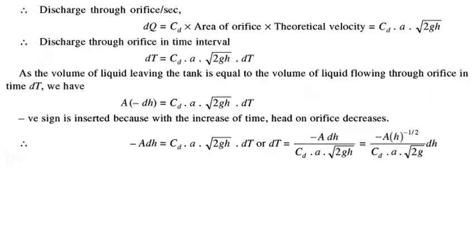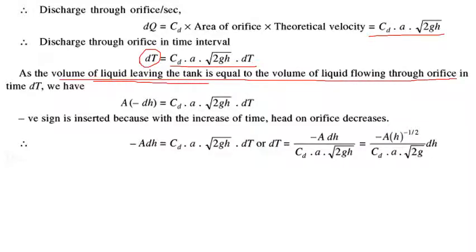Discharge through the orifice per second, we obtained that. Then discharge through the orifice in time dt, we also obtained that. Then the volume of liquid leaving the tank is equal to the volume of liquid flowing through the orifice. So the volume of liquid leaving the tank is A into dh, and the volume leaving through the orifice we have calculated with the help of the equation.